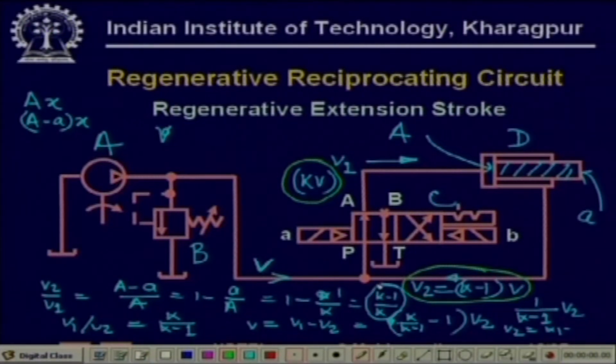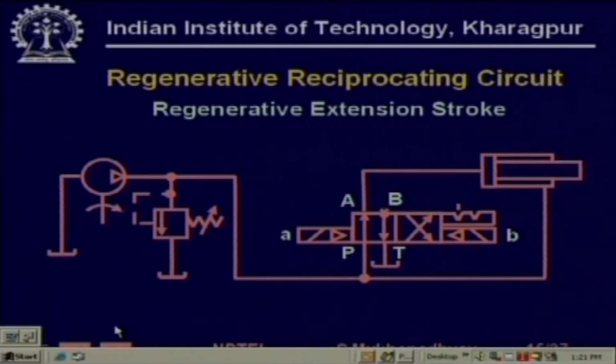Now what happens in the retraction stroke? In the extension stroke it is going to go like this, it enters like this, and then again part goes this way and part goes this way. These are the flow patterns in the extension stroke. What happens in the retraction stroke?